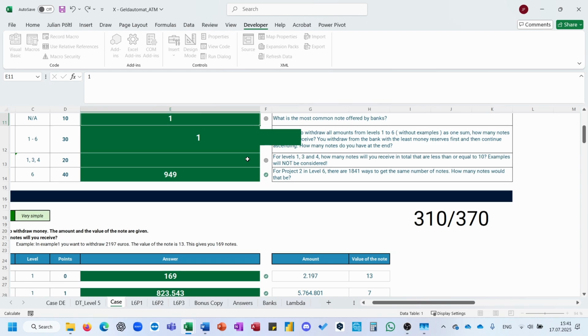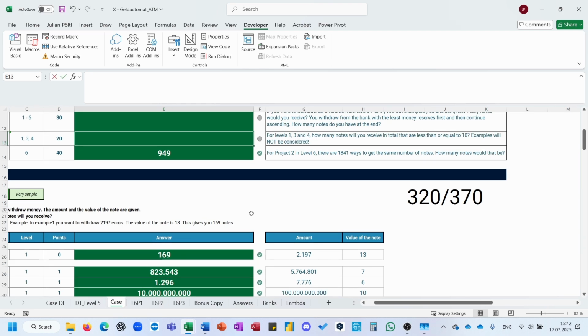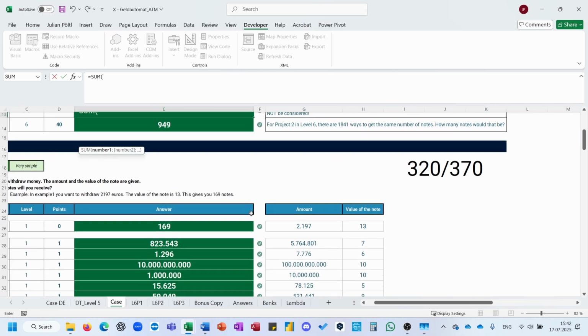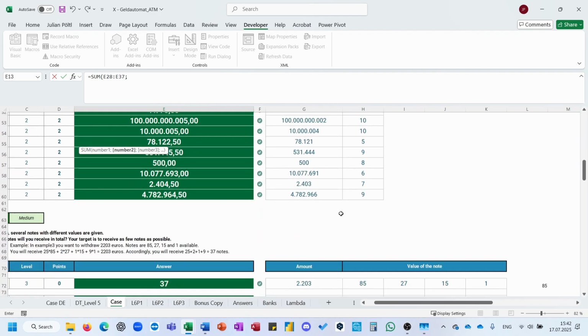Okay, I will first do bonus 3 and then bonus 2. So, how many nodes you will receive are less than or equal, or in this case, less than 11. Examples not considered and only for level 1, 3, and 4. So, since all nodes are less than 11 for level 1, I take the whole answers.